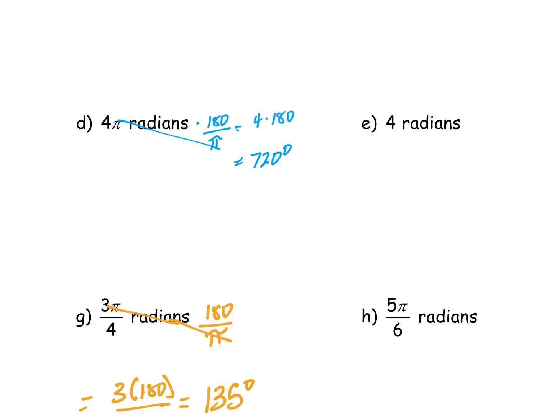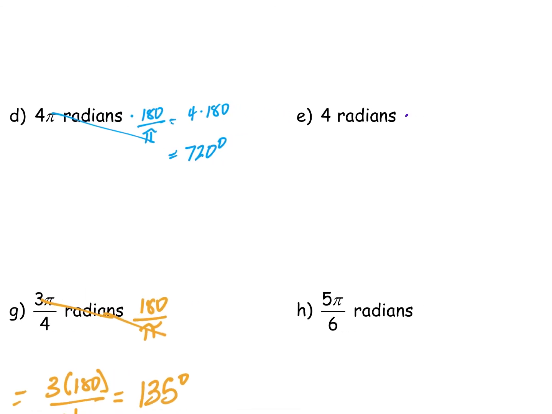And then on E, I'm going to multiply by 180 divided by pi. And the radians go away. So this time I get 4 times 180 divided by pi.